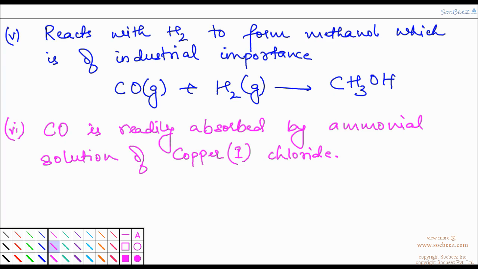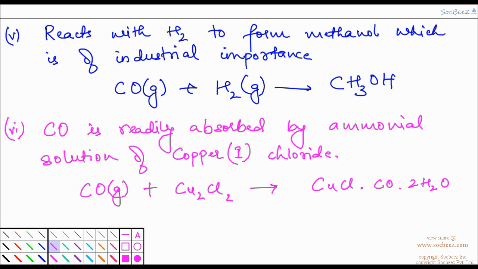The reaction is basically when you react carbon monoxide with Cu2Cl2, then this compound is formed, CuCl.CO.2H2O. Basically, carbon monoxide is absorbed in the solution.